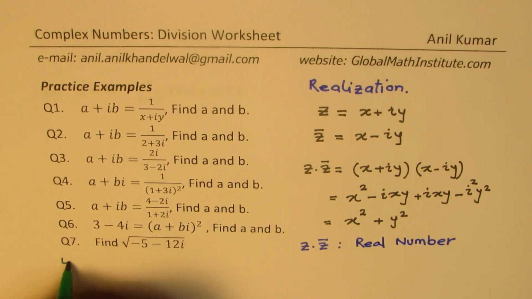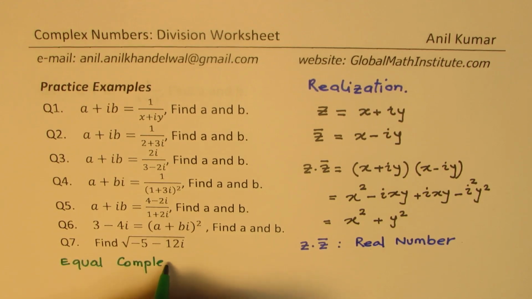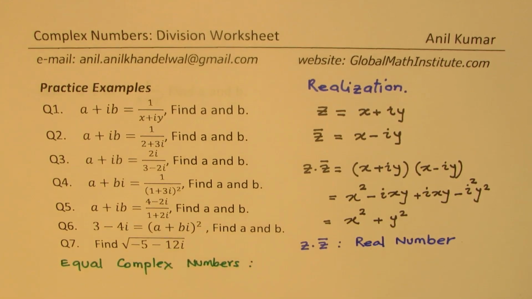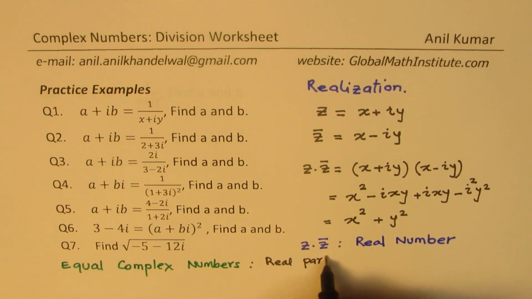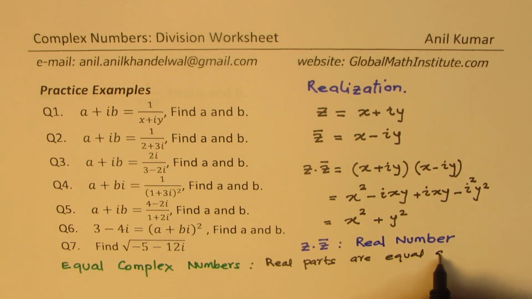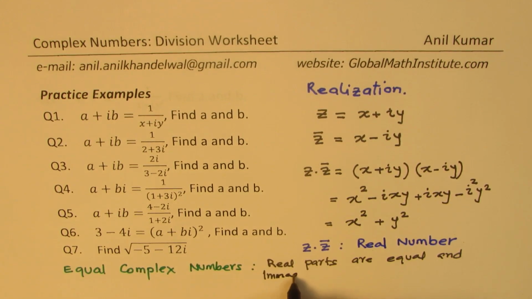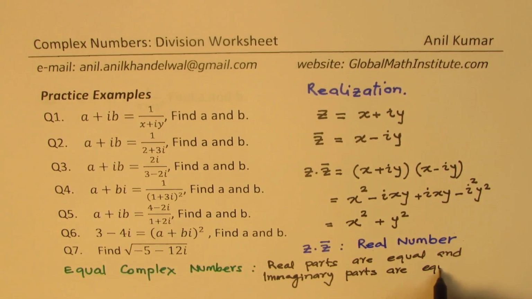So when I say equal complex numbers, it means that real parts are equal and imaginary parts are equal.